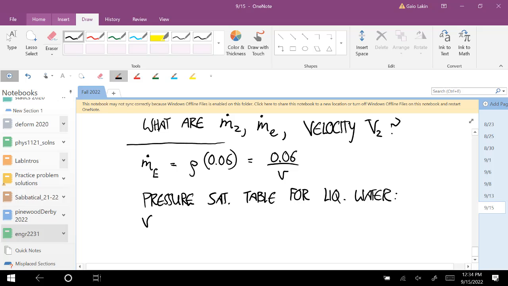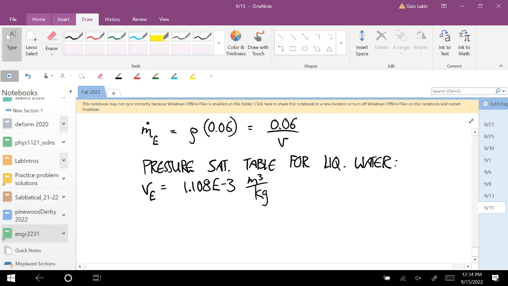And you get a specific volume at the exit that's equal to 1.108 times 10 to the minus third meters cubed per kilogram. And so the mass flow rate at the exit is 0.06 divided by 1.108 times 10 to the minus third.